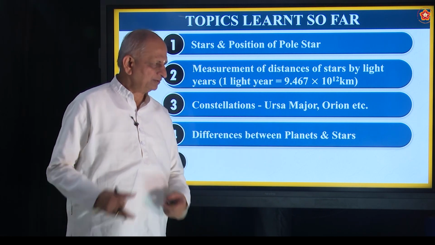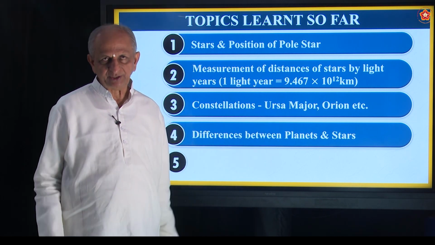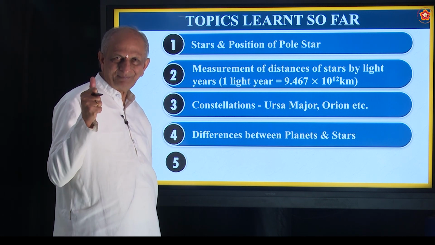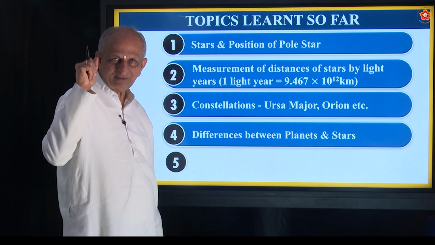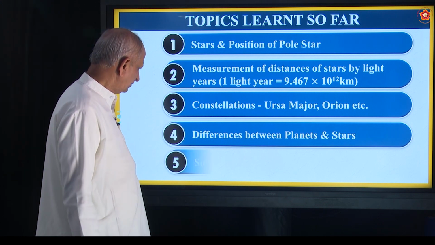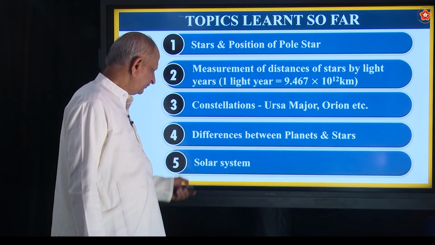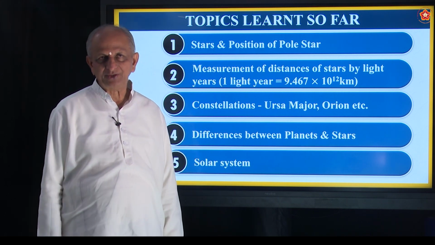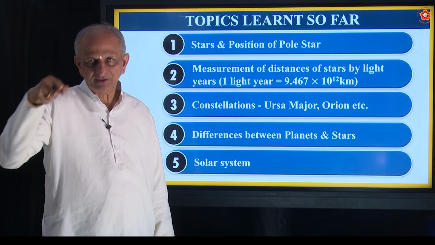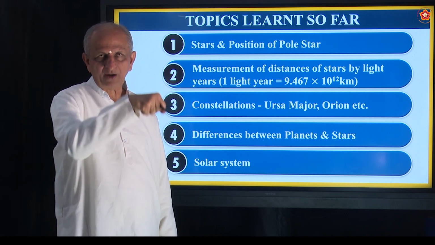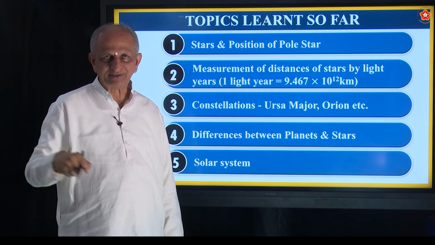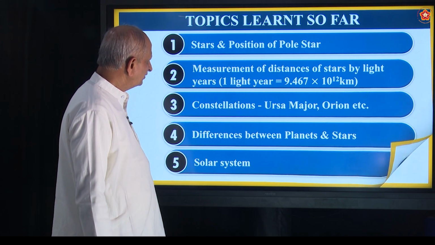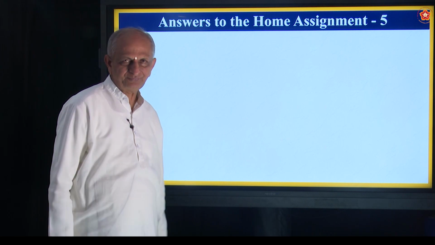The stars are at huge distances from each other. And the most important is planets do not twinkle. Stars twinkle. Okay. And also you have seen the family of sun is called as solar system. With sun as center, all the planets, comets, meteors, asteroids, etc. will go around the sun. That is what is called as solar system.